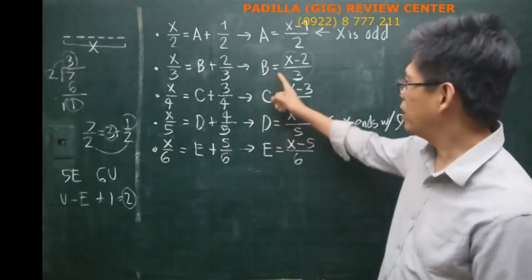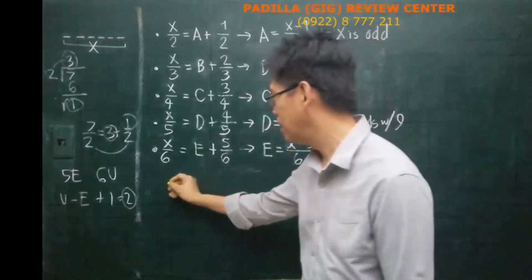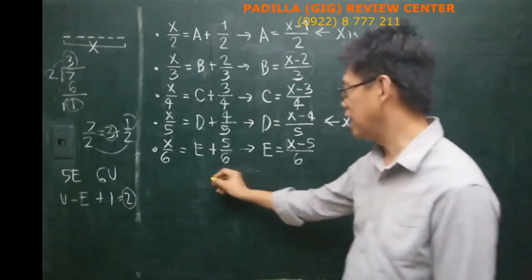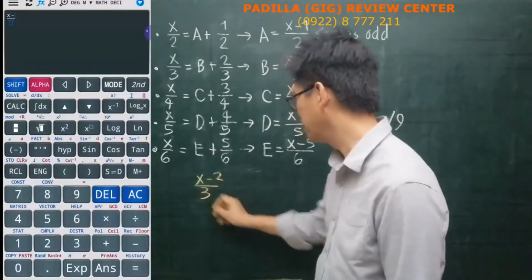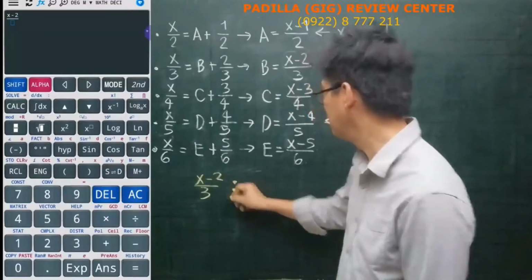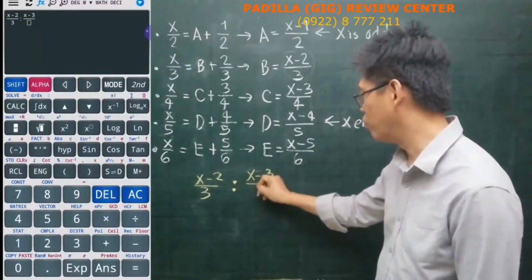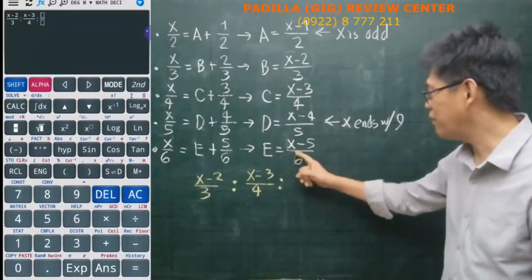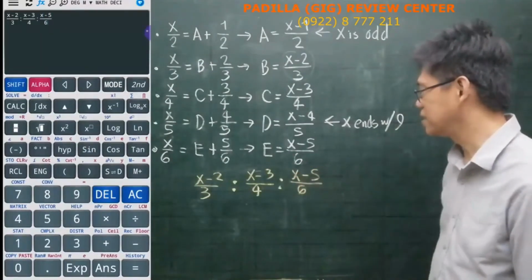Okay, so what we will do here is input this in your calculator: alpha x minus 2 over 3, then colon, alpha x minus 3 over 4, then colon, alpha x minus 5 over 6.